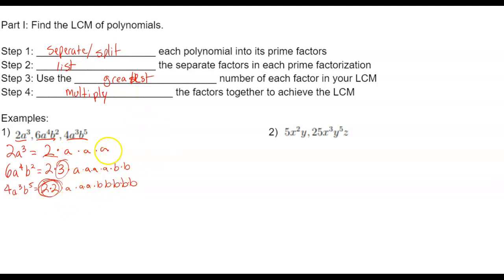I have 1, 2, 3 in my first expression, and then I have 1, 2, 3, 4 in my second one, and 1, 2, 3 in my third. So 4 right here is my biggest piece of a's. So 2 times 2, I'm going to start listing my factors here, times 3, times a, times a, times a, times a. Okay, so I'm taking the biggest ones. And then obviously the biggest number of b's that I have is right here. I have 5 b's.